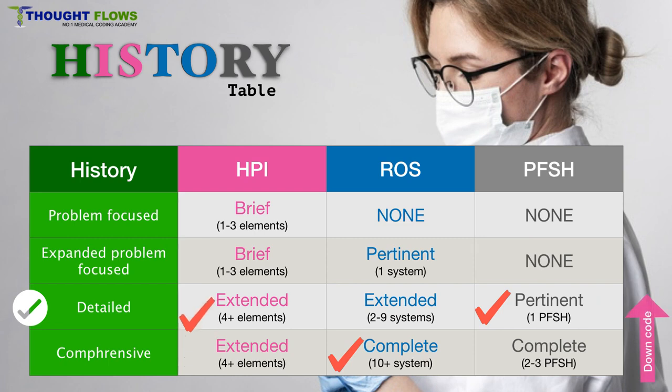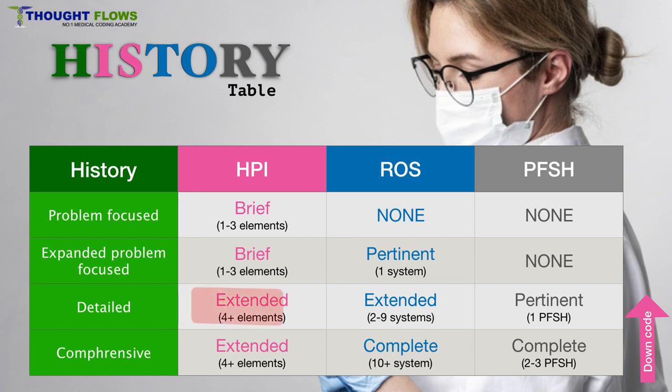We'll see one more example. If the doctor did HPI as brief, ROS is extended, and PFSH is complete. Here, the level of history is EPF because in order to take detailed or comprehensive, you require HPI as extended. But as it is not met, we have to go for downcoding as EPF. So like this, we have to check all three things to take any level of history.